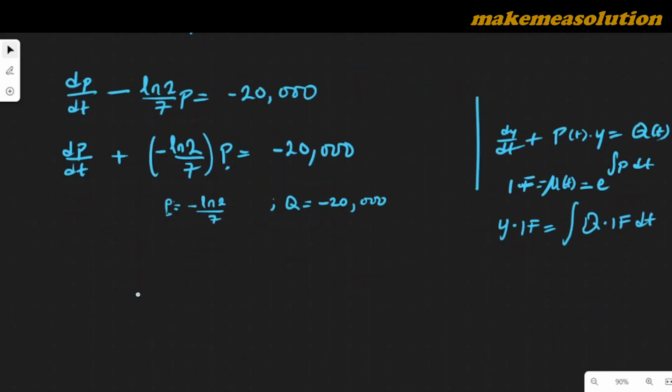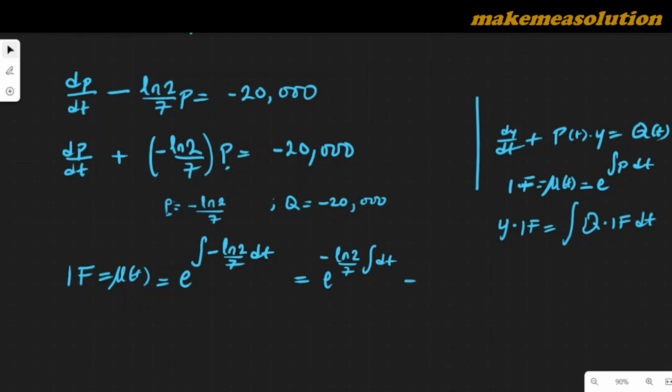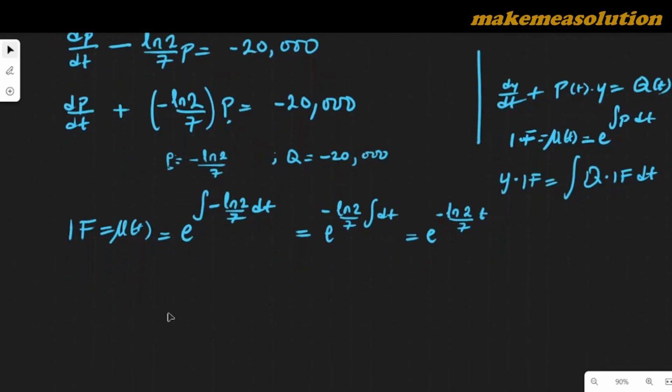Then we have our integration factor, our IF or mu of t, to be exponential integral of p dt, and if you simplify this by taking out the constant first, negative (ln 2)/7 integral of dt, which gives me exponential negative (ln 2)/7 then t.